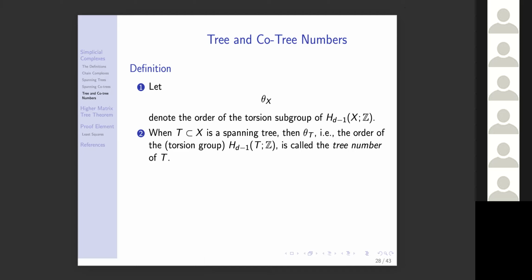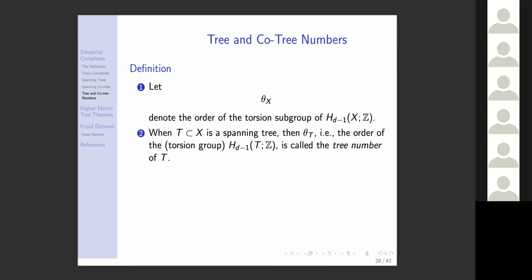Likewise, we can do this for a spanning tree. We can do the same thing. We can take the order of the torsion subgroup of H_{D-1} of T with coefficients in Z. Now, it turns out that because H_{D-1} of T with coefficients in R vanishes, that group, the D minus first homology of T, which is the top dimensional homology of T with Z coefficients, is a torsion group.